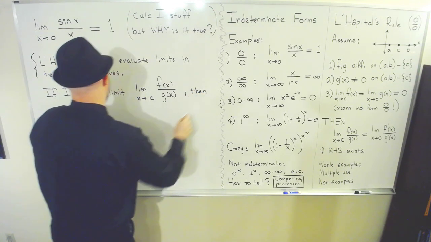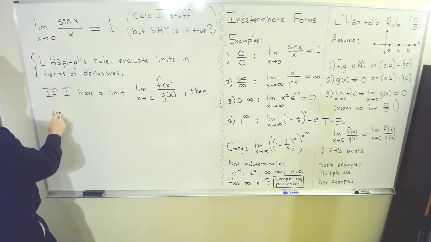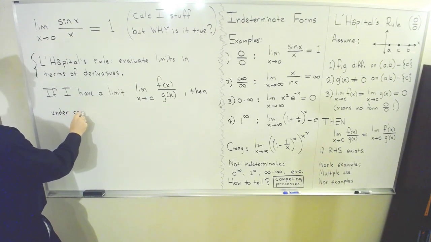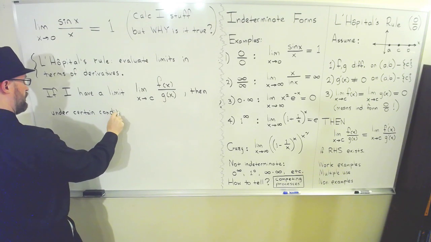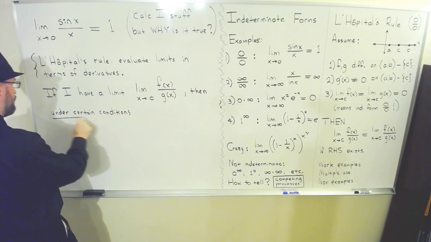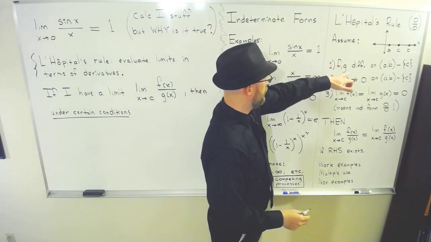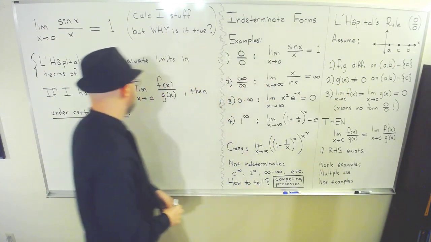So if I have a limit that looks like this, then under certain conditions, now that's what all this stuff is, the 1, the 2, and the 3, and all this.